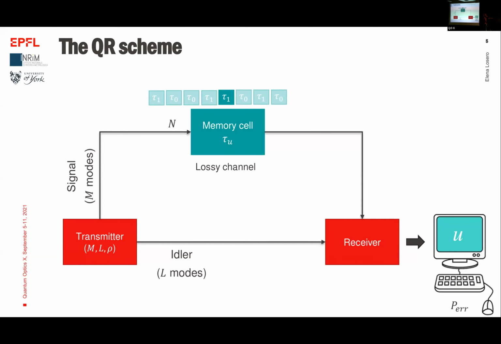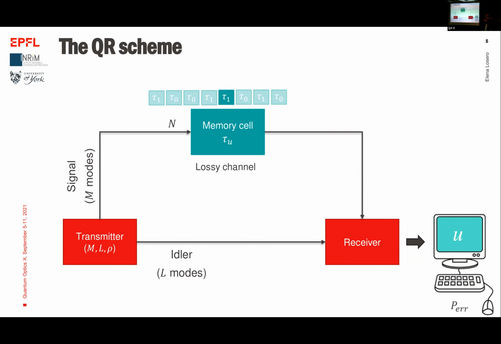To recover this bit of information, we have a certain transmitter, which produces a certain quantum state of light, ρ, which has m signal modes and L idler modes. The signal modes go to the memory cell, interact with it, and then go to the receiver, while the idler mode goes directly to the receiver.